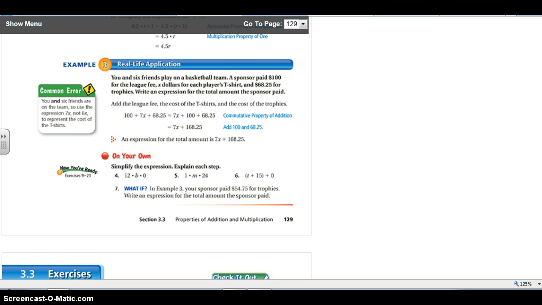The common error in a word problem like the one we're going to read is that the word problem is going to say you and 6 friends are on the team. So make sure you use the expression 7x, not 6x, to represent the cost of the t-shirts. So let's take a look at what we did. You and 6 friends play on a basketball team.